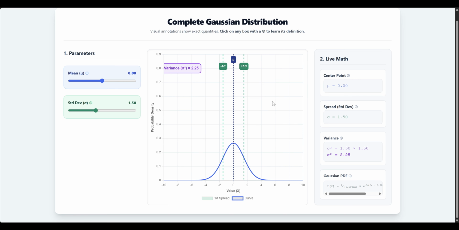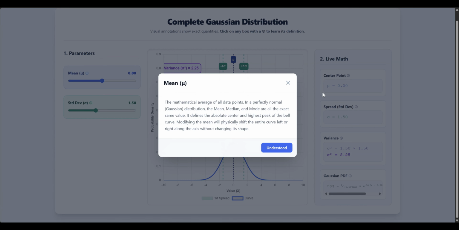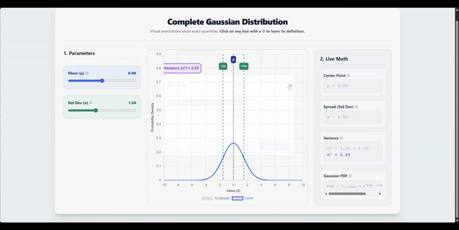The first term that you will encounter in a Gaussian distribution is the center point, or the mean. Basically this is the mathematical average of all the data points that you have taken in your measurement, and that average is exactly the mean of a Gaussian distribution.